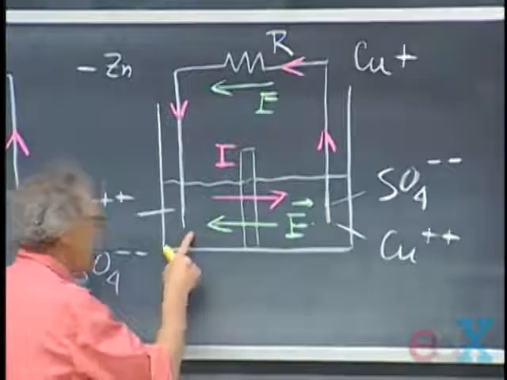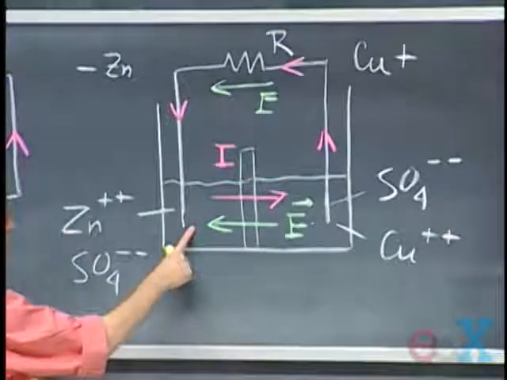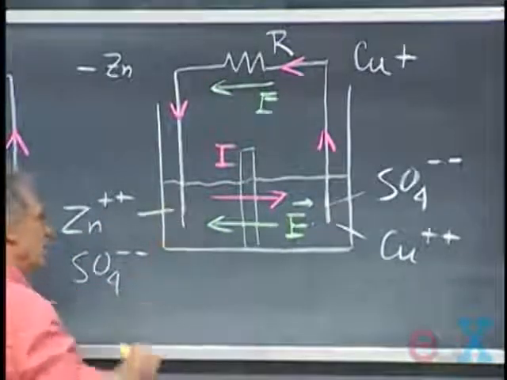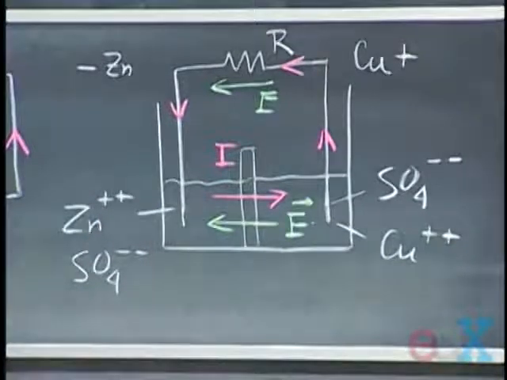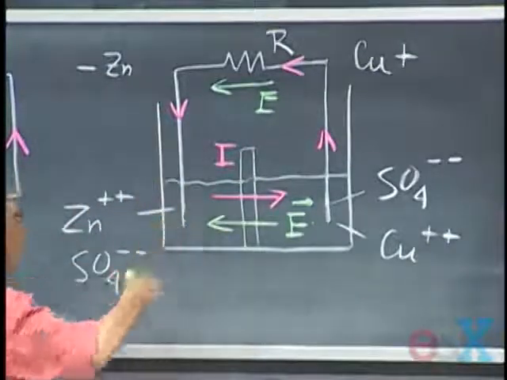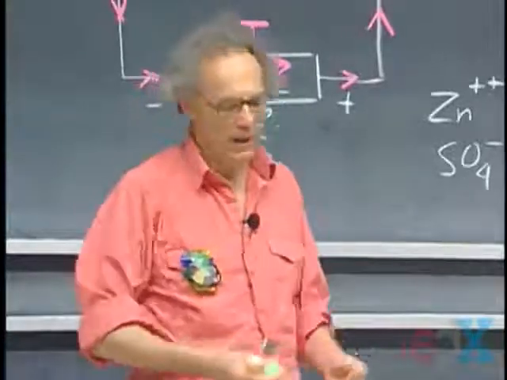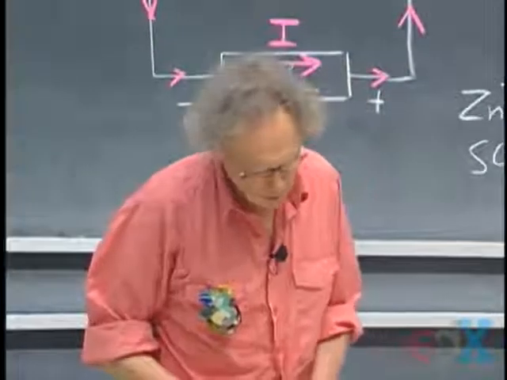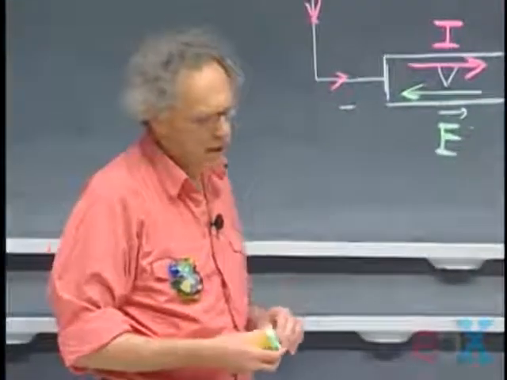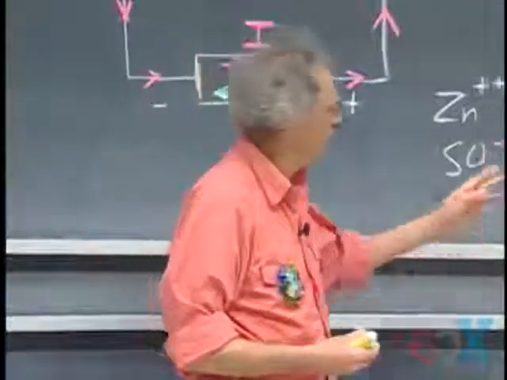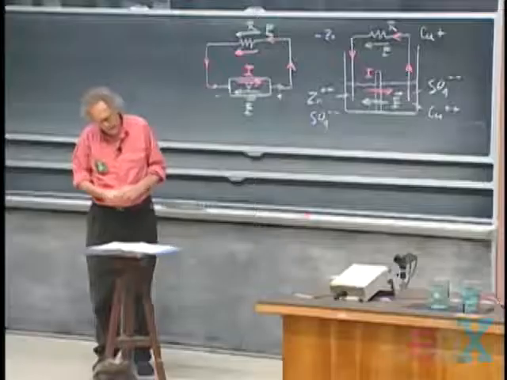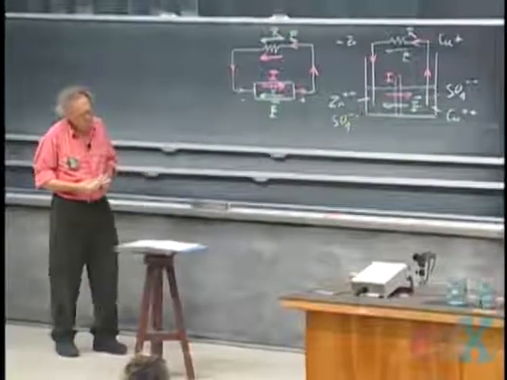On this side, you get an increase of SO4 minus, therefore you also must get an increase of zinc plus, because again, this liquid there remains neutral, and that means that some of the zinc is being dissolved, so you get an increase in the concentration of the zinc. So the charge carriers inside this battery, the SO4 minus ions, travel through this barrier and they go from here to here. So they travel through an electric field that opposes their motion. And this happens at the expense of chemical energy.